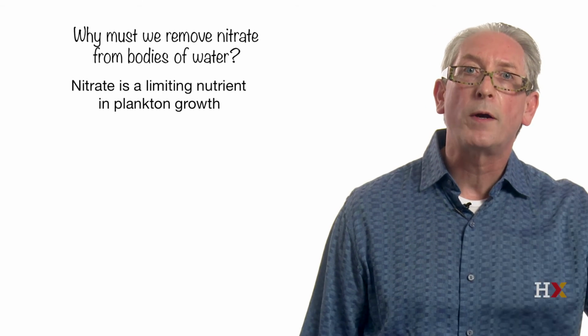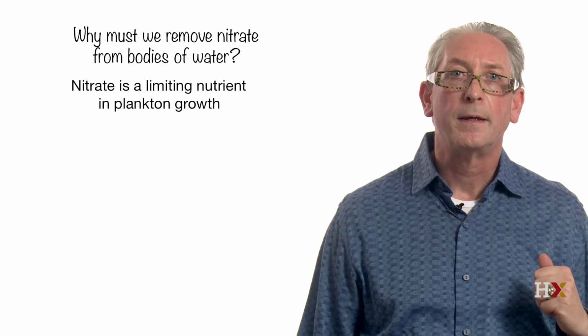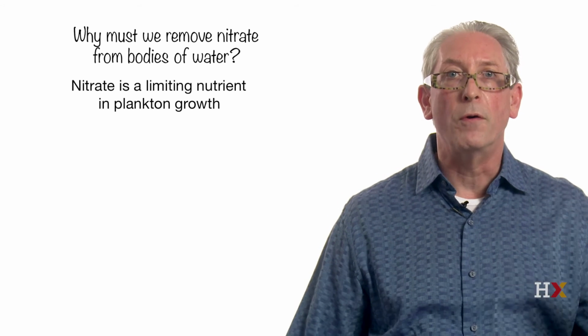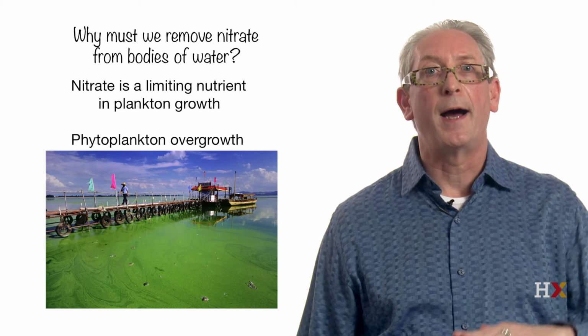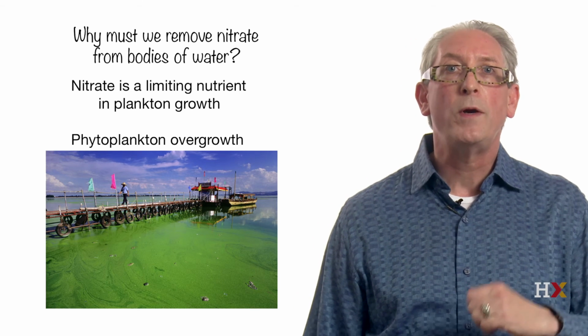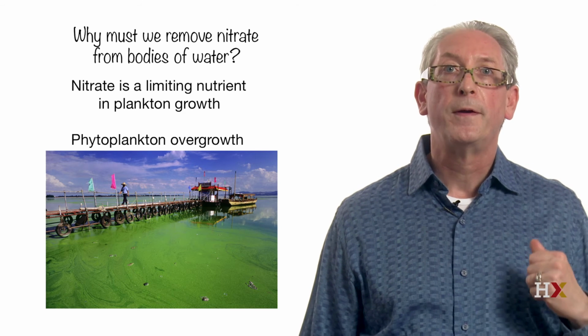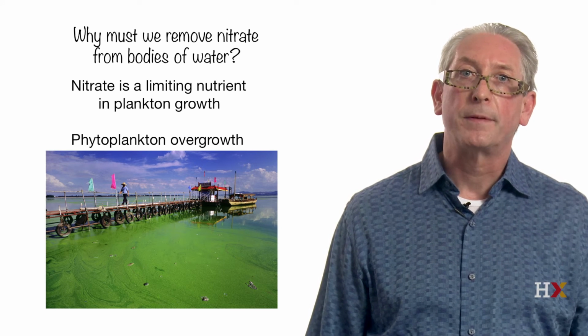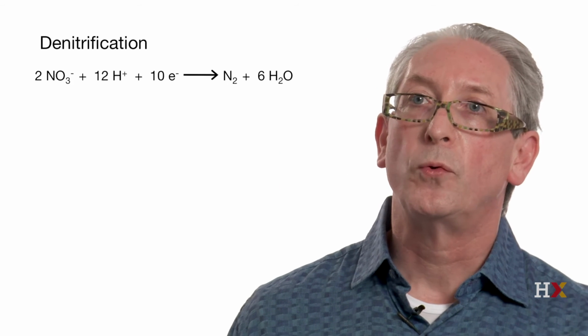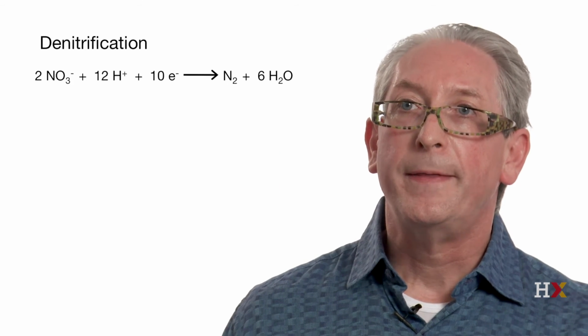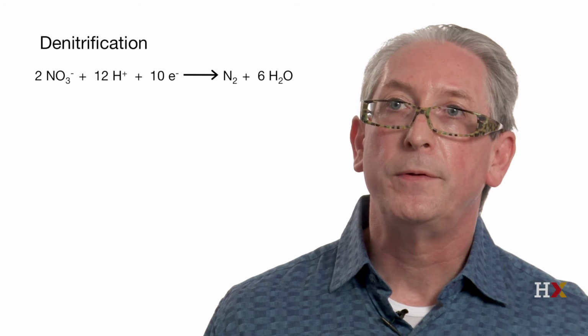So if you have a large quantity of nitrate, phytoplankton overgrow and consume oxygen. And the hypoxia in the lower layer of water will cause the death of aerobic organisms, for example, fish. Now, let's try to figure out how nitrate is converted into dinitrogen.